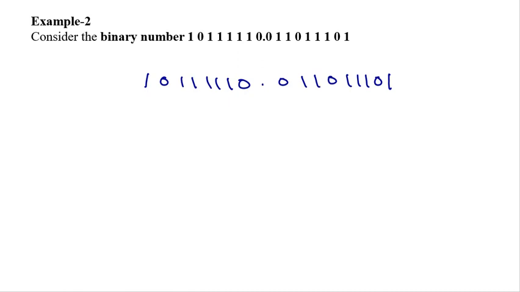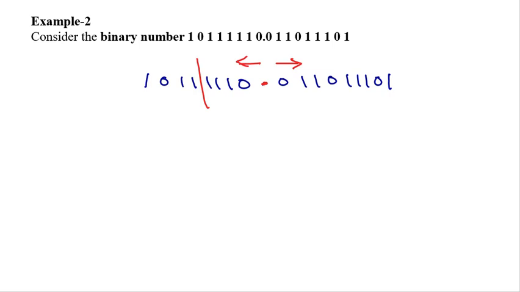The first step is to partition the binary number starting from the decimal point towards the left-hand side and towards the right-hand side, into 4 bits each. So this is my first 4-bit partition, and the remaining part has 4 bits, so there is no need to add any zeros.